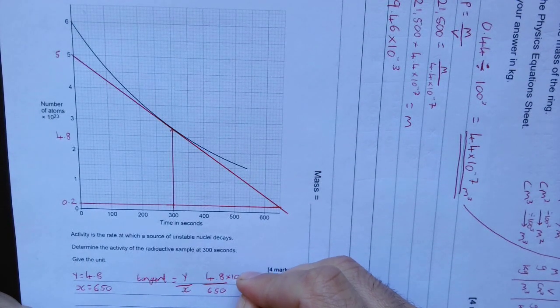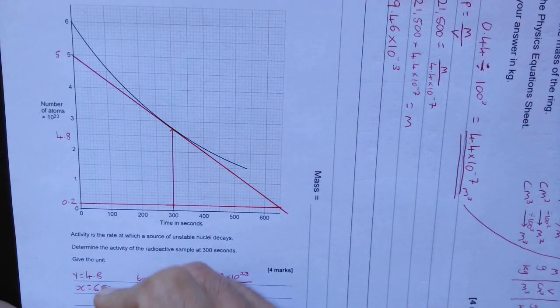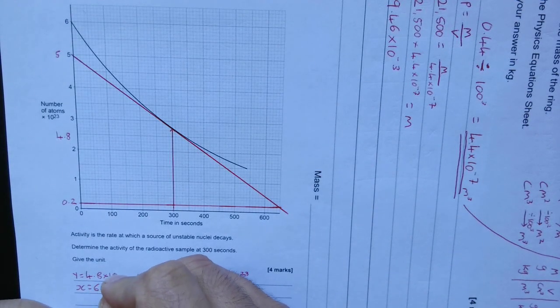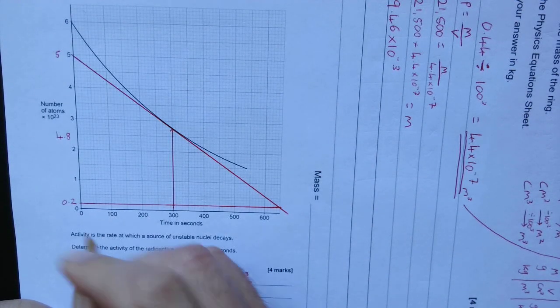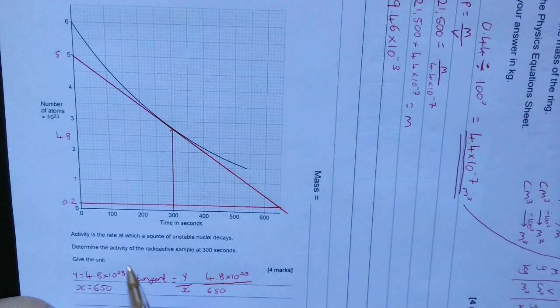In fact, it's 4.8 times 10 to the 23, I apologize, divided by 650. So that should be 4.8 times 10 to the 23. I almost forgot, don't you forget, that's times 10 to the 23. So remember, 4.8 times 10 to the 23, don't forget to add that onto the end.